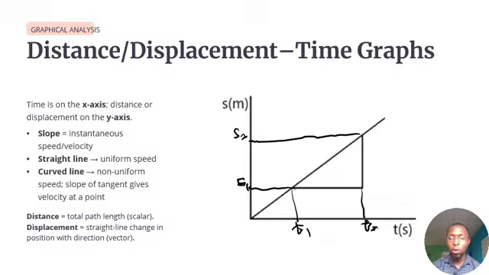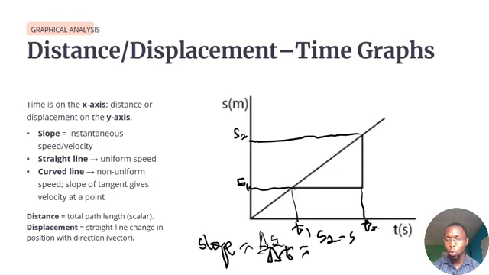Now if you want to find the slope, the slope formula says change in distance, that's the vertical part, over change in time. That will be equal to S2 minus S1 over T2 minus T1.